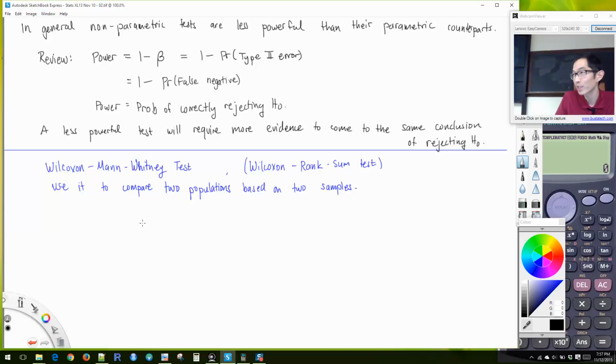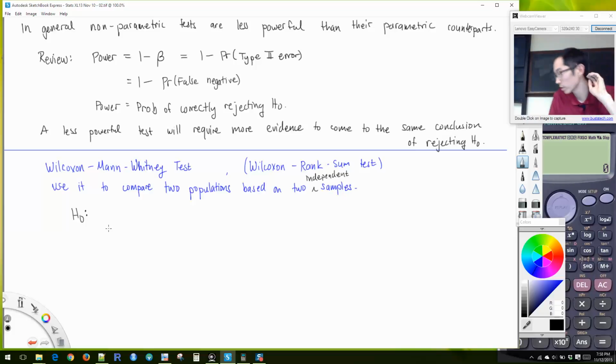Because that would indicate kind of a parametric test. So we don't say the mean of population 1 is the same as the mean of population 2. We have to write out our hypotheses this way. Sorry, let me just throw in there: two separate populations based on 2 independent samples.